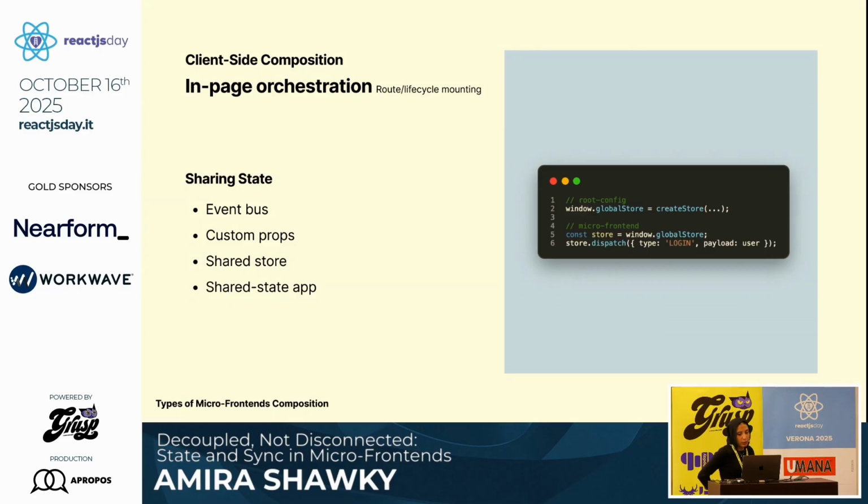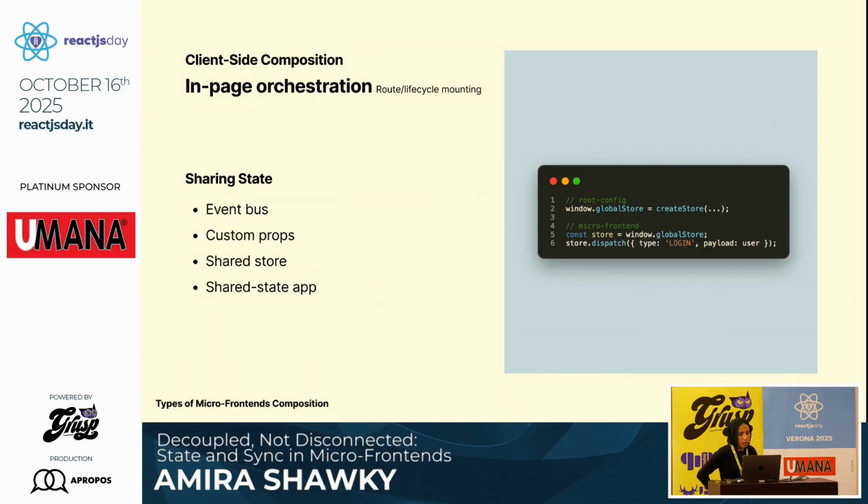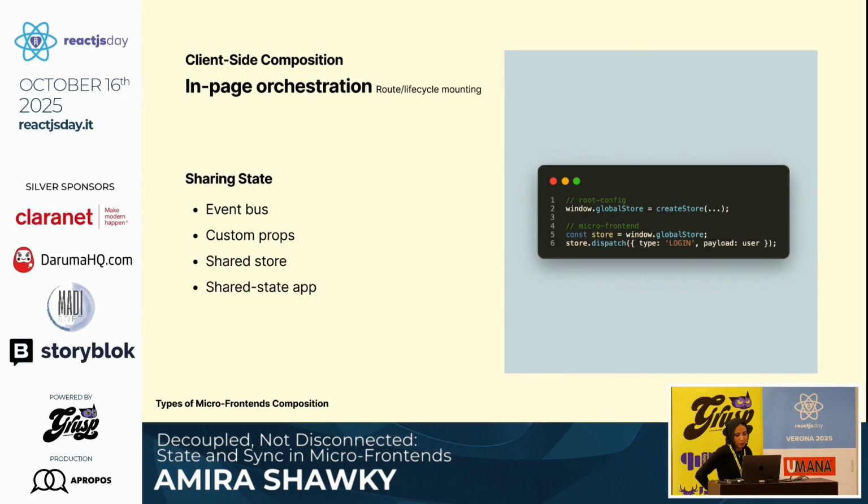For example, you can create a store in your root configuration and then use it in your micro-frontends. This pattern is still valid right now, even though most teams prefer exporting these stores through Module Federation rather than attaching them to the window, which is way better.